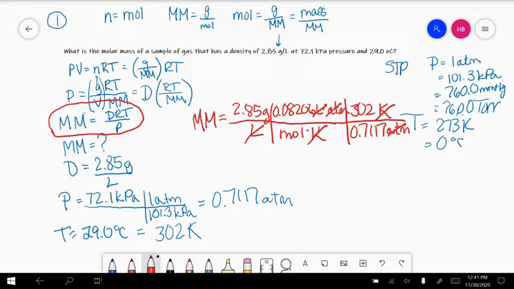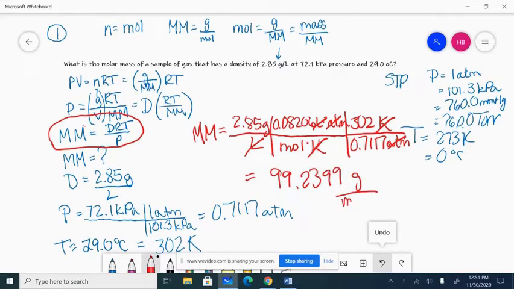Grams per mole is an adequate unit for molar mass. So I multiply across the top 2.85 times 0.08206 times 302, and then I divide it by the bottom, which is 0.7117, and I get an answer of 99.2399 grams per mole.